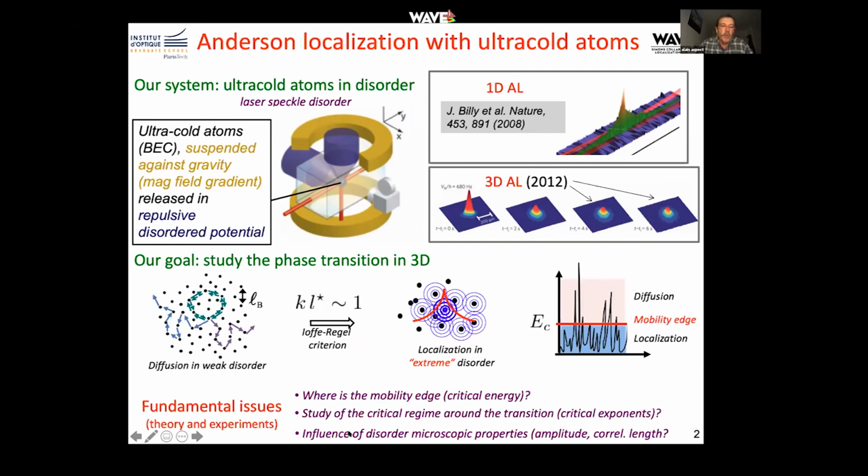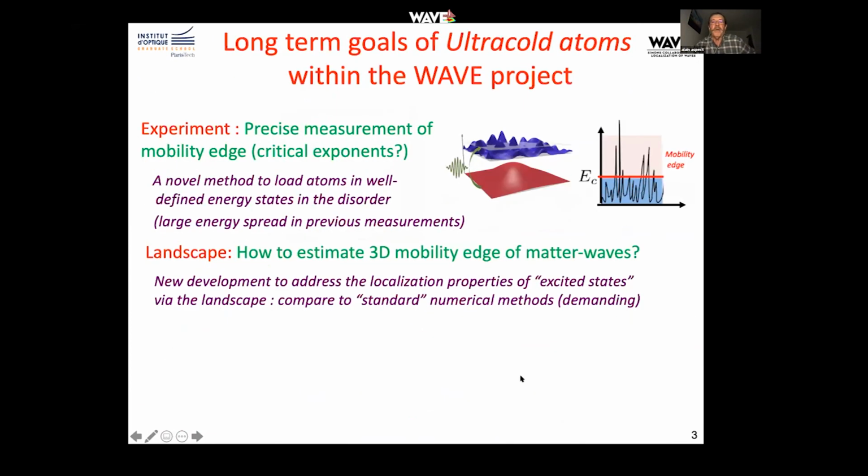And we want to study the influence of the various properties of the disorder, its amplitude, correlation length, etc. Okay. So the new experiment we are working hard on, which turns out to be extremely difficult, consists of starting with atoms which are all exactly the same energy and loading them using the Fermi golden rule.